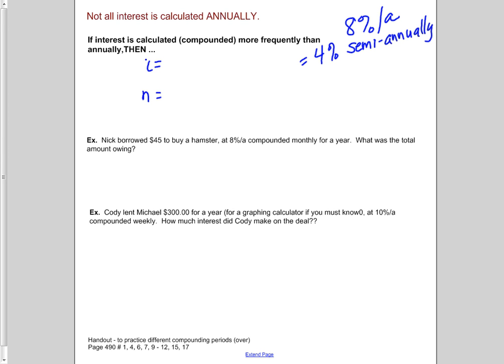So he just divvies it in half, gives you 4% each time, and it works out. So your I is the interest rate that we have as a percent annually, and you divide it by the number of compounding periods.